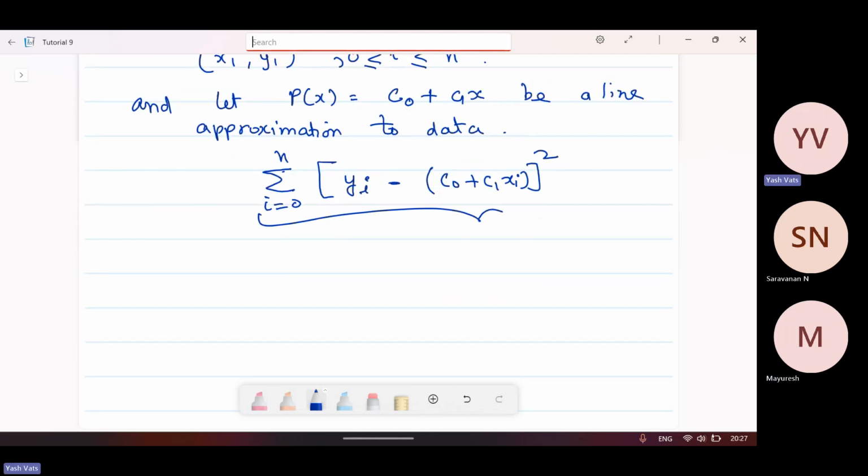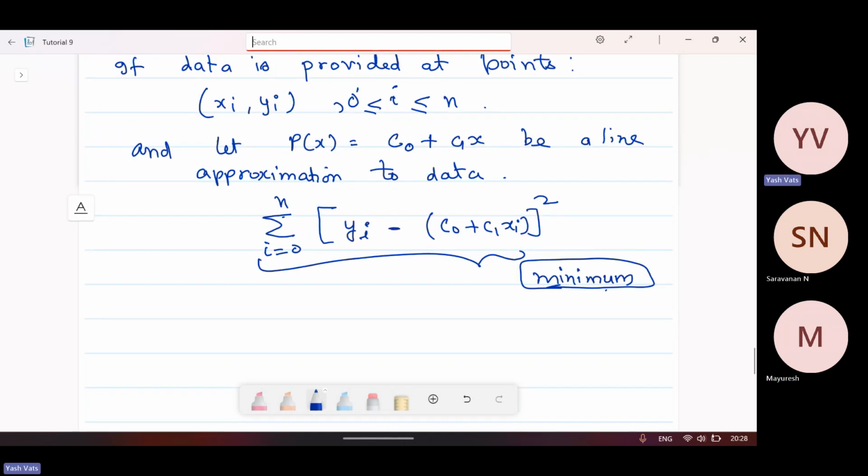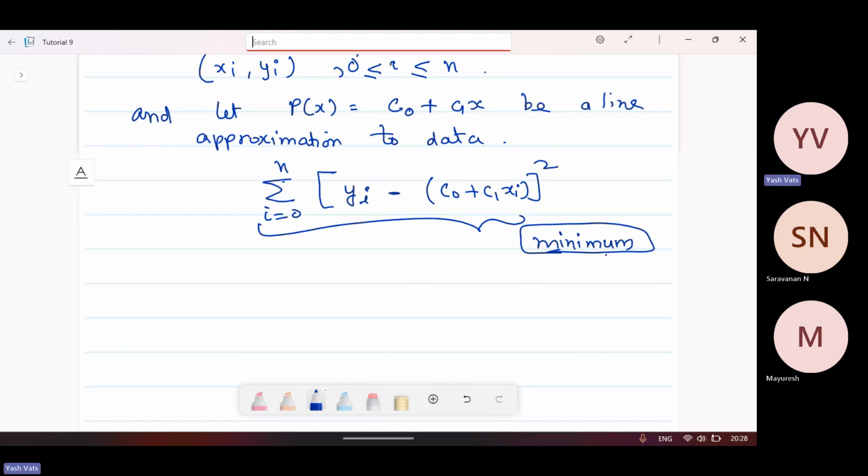This difference should be minimum. You're trying to compare two curves, so the difference between this line and the curve should be minimum at every point.